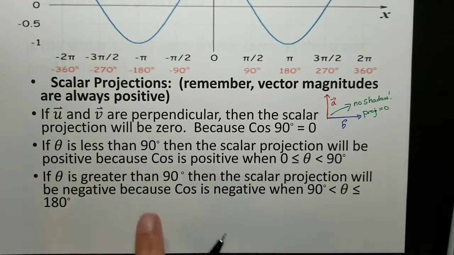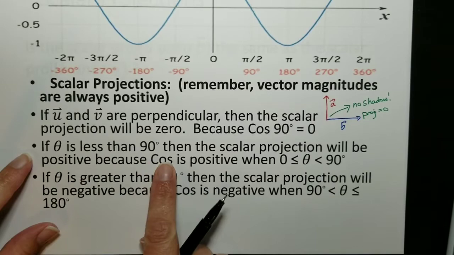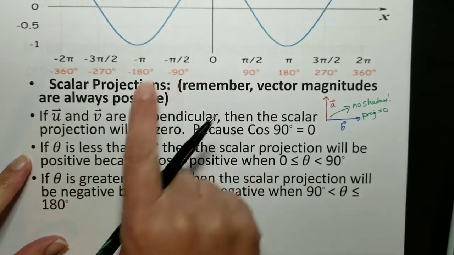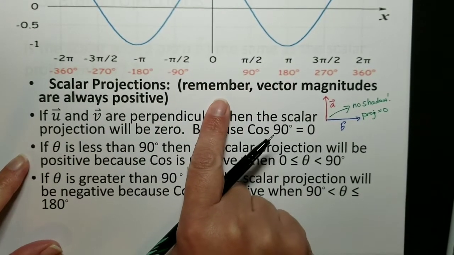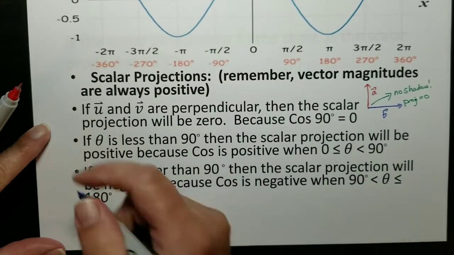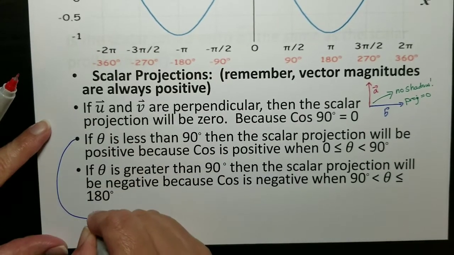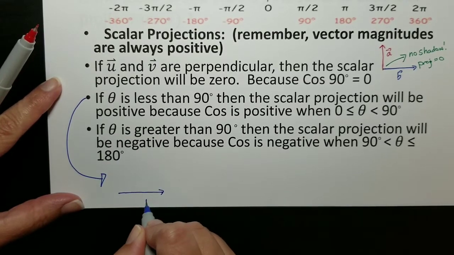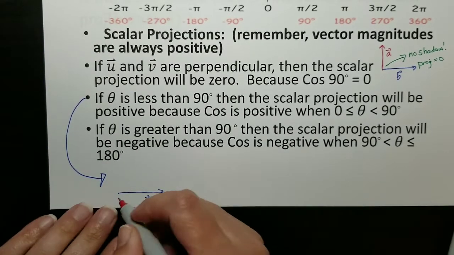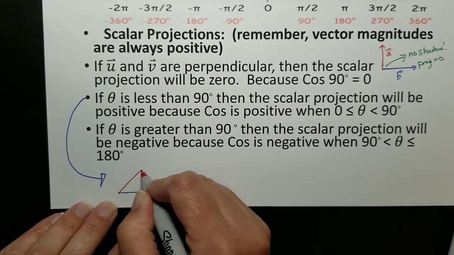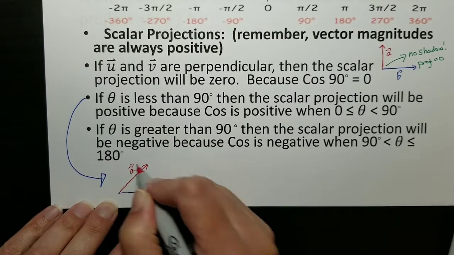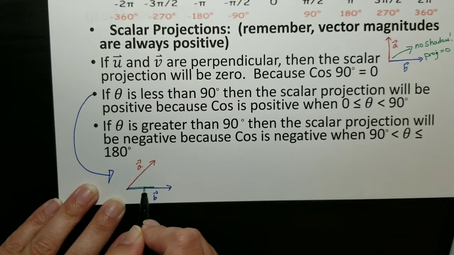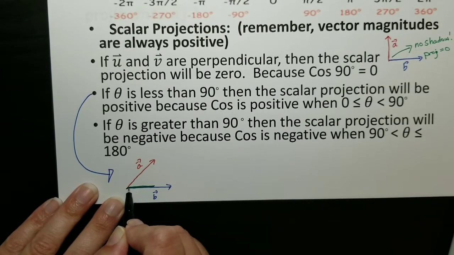The next case: if the angle is less than 90, then the scalar projection will be a positive number. In here, cos is positive, and we know the magnitudes are always positive. I'm just going to fit in a little diagram down here. If we've got vector B and vector A coming from there at an acute angle, then the scalar projection is here, and it's a positive value.